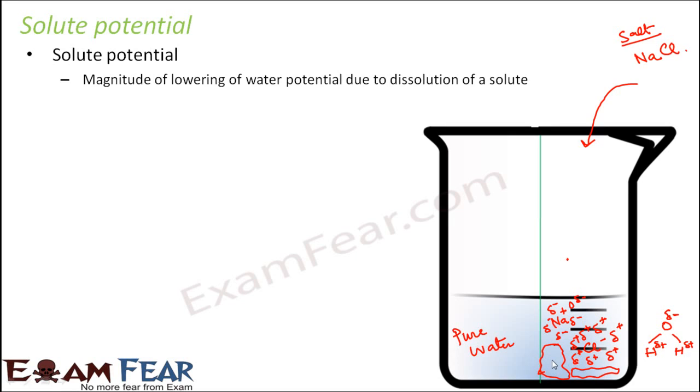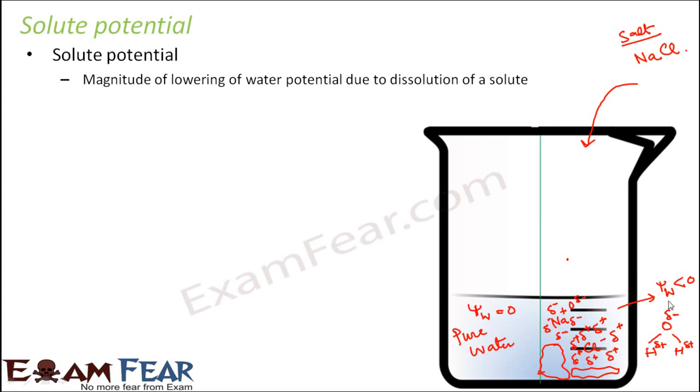When the water molecules have reduced, their kinetic energy will also reduce, and in that case the water potential will also reduce. Let us assume that for pure water, the water potential is 0. This was also pure water before we added NaCl. Now, once you add the salt, the water potential will reduce. In this region, the water potential will become less than 0.